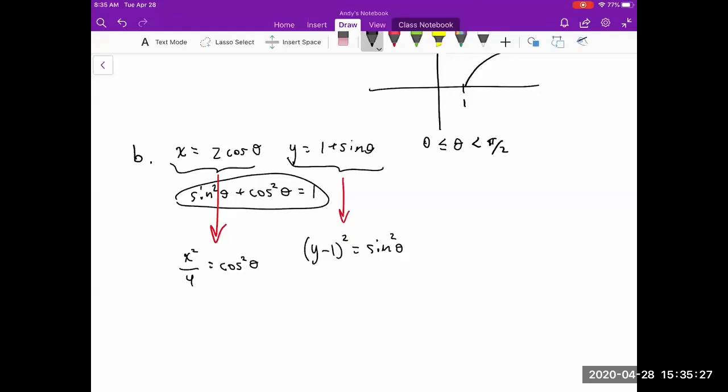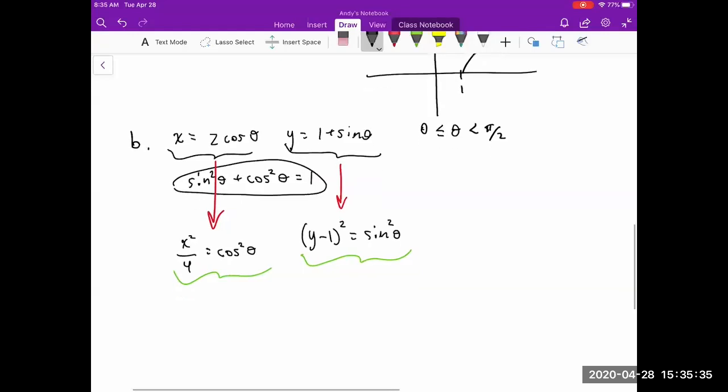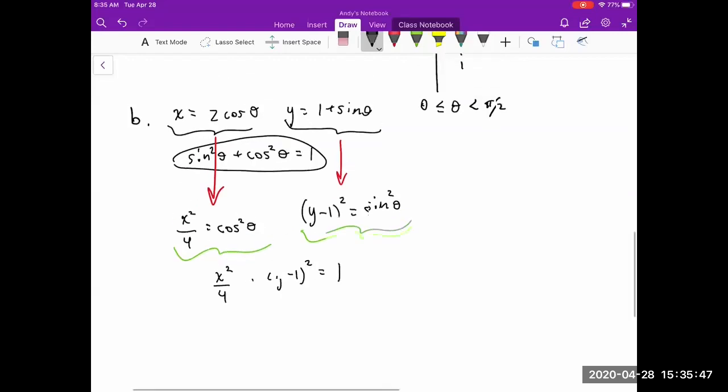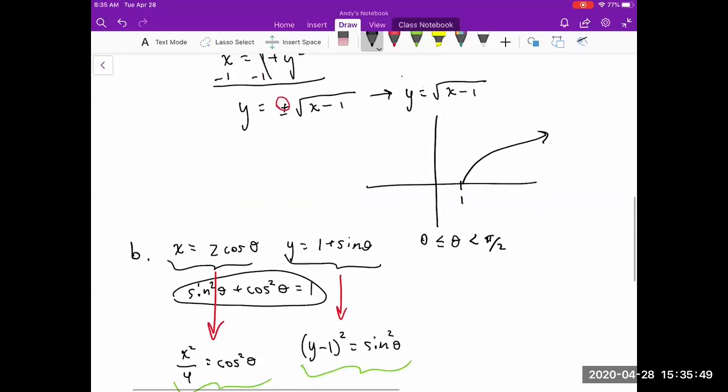Perfect. And now if you add each of these together, we'll get the following. We get x squared over 4 plus y minus 1 squared is equal to, well, 1.